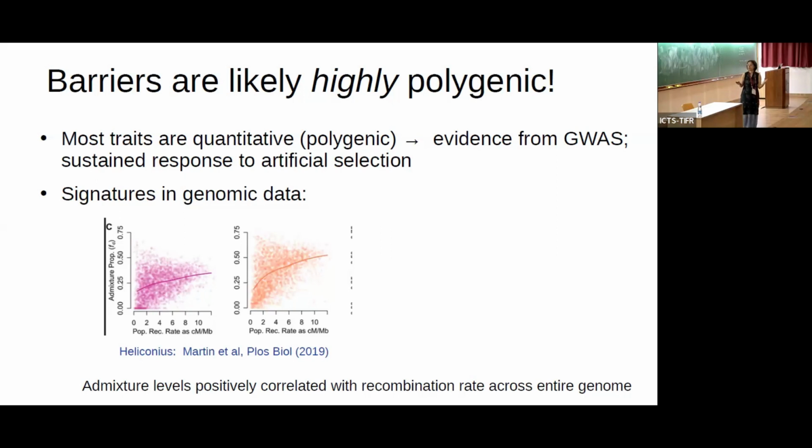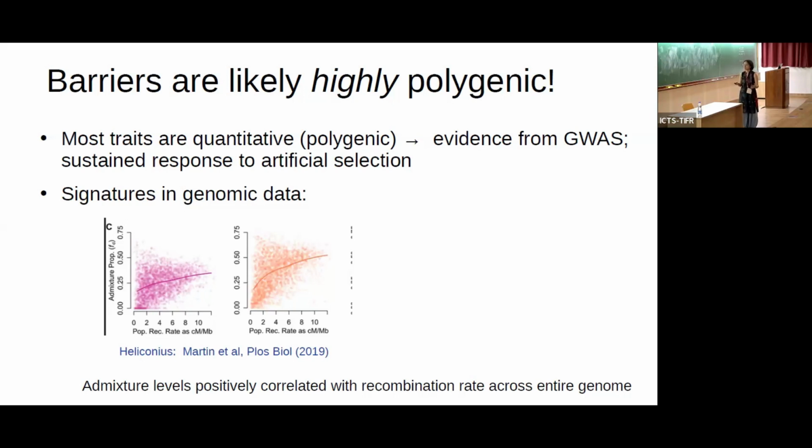Here it's being plotted against the local recombination rate in that window, and there is a modest positive correlation. So the higher the recombination rate, the more mixing there is. Similarly, for another species pair within the same complex, one sees the same observation.